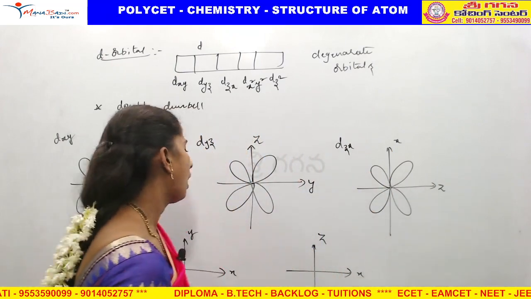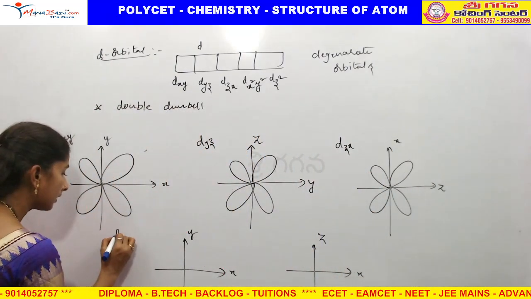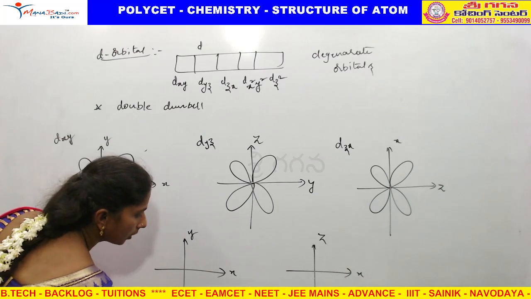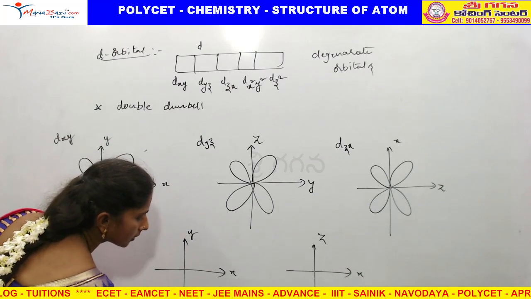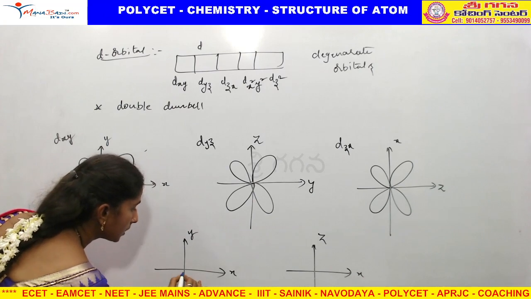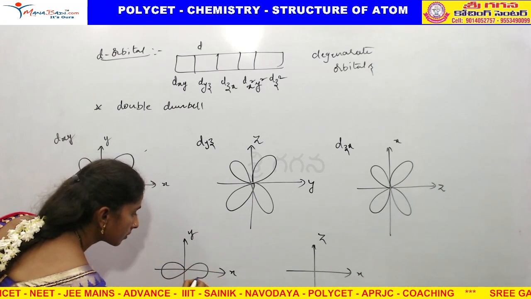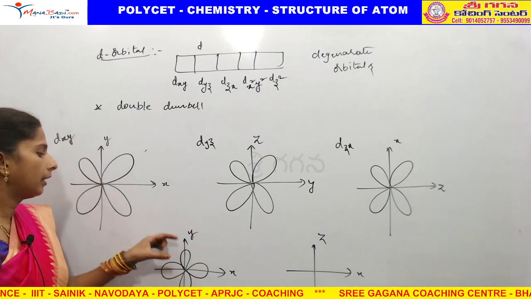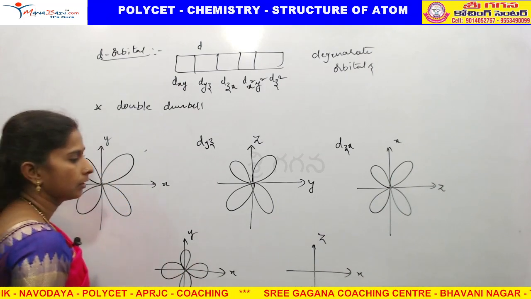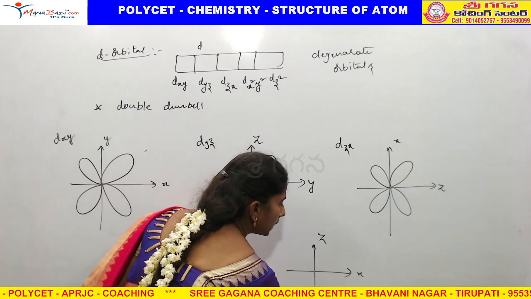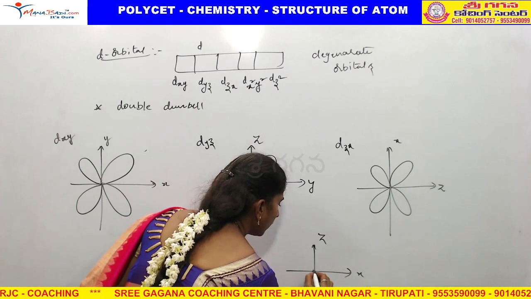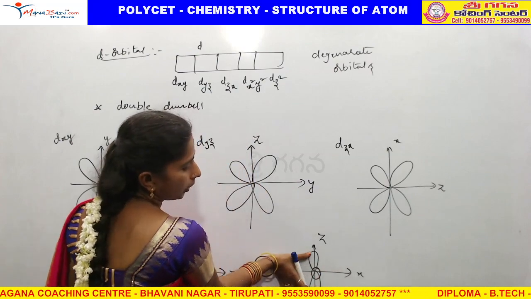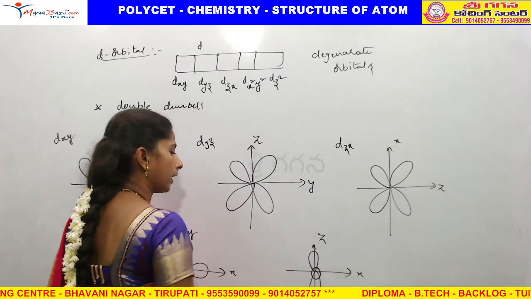After that, dx square y square: two dumbbells on the x and y axes, on the axis. Now come to dz square: only on the z axis, two dumbbells, one in the forward direction and one in the back direction.